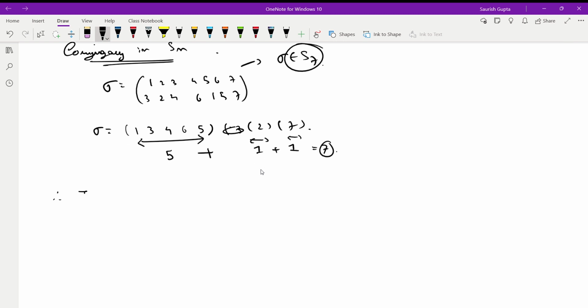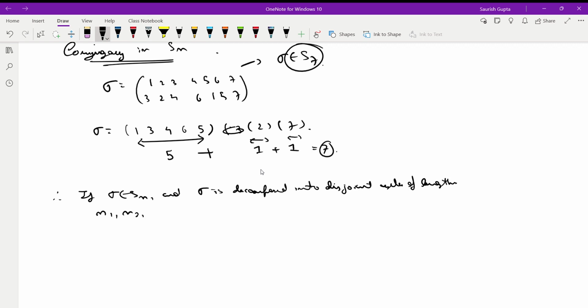So if sigma is in Sn and sigma is decomposed into disjoint cycles of lengths, say, n1, n2, and so on till nk, such that n1 is greater than or equal to n2, greater than or equal to n3, and this follows till nk.